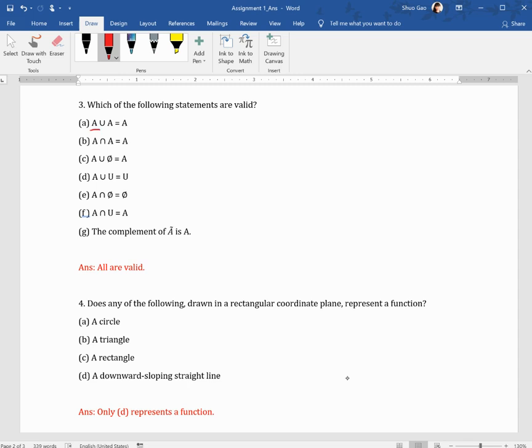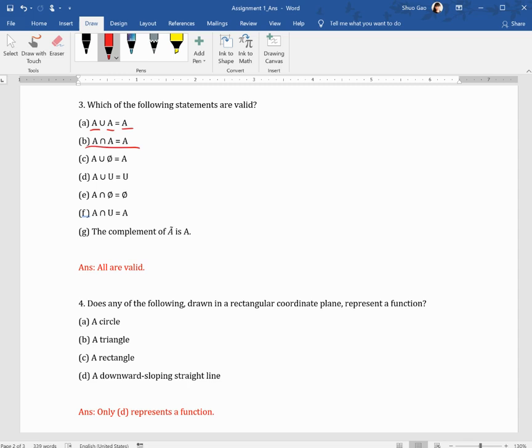And all the elements in A, of course, are the same elements as in the set A, because it's just himself, right? So when you union the set A with the set A itself, the elements are the same. So the union result should also be the set A.